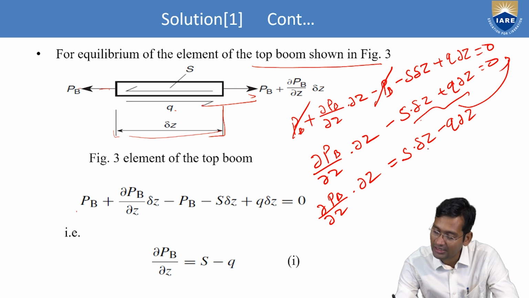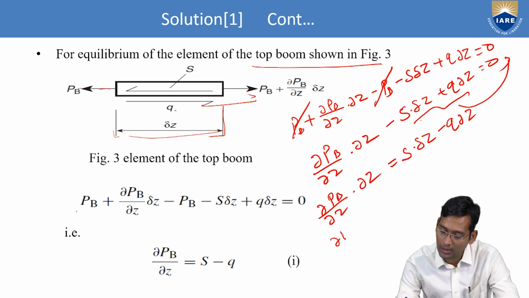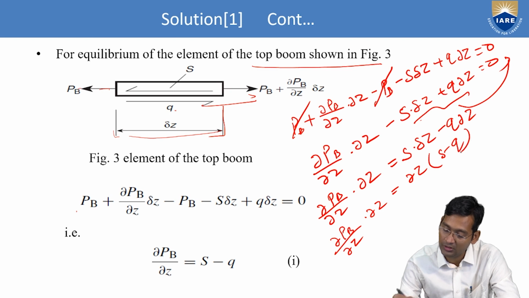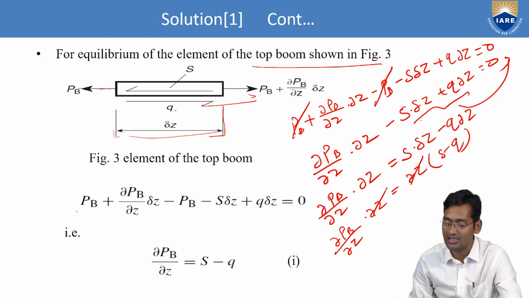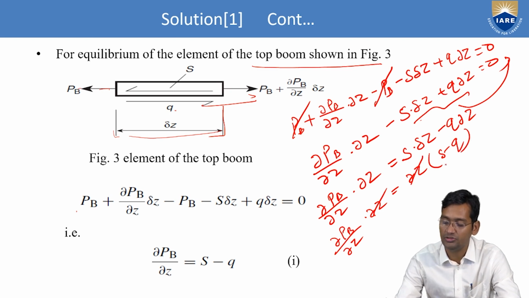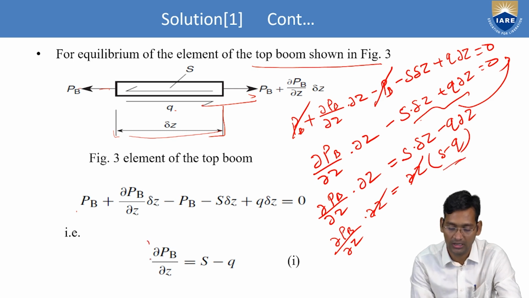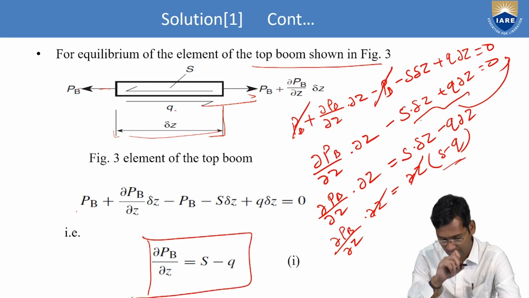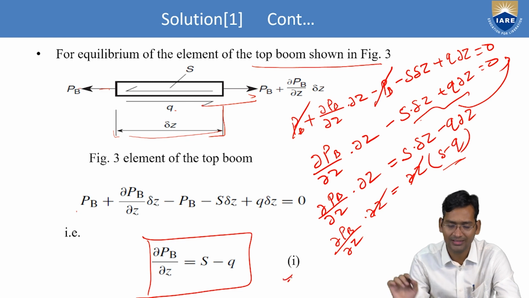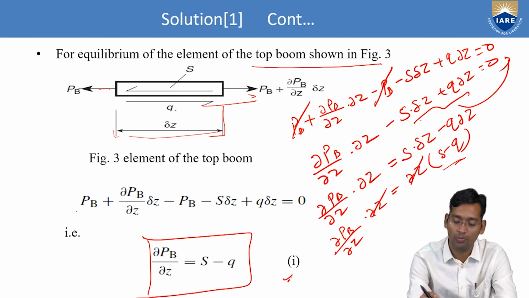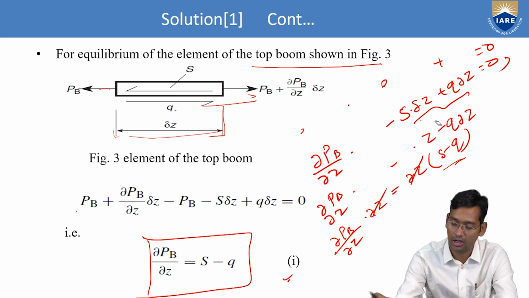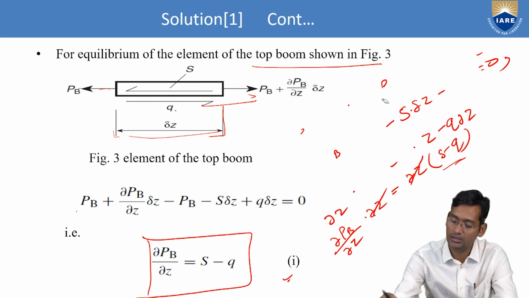Now here we can take delta Z common. So delta PB by delta Z into delta Z equals delta Z common, S minus Q. So this delta Z gets cancelled. So delta PB by delta Z equals S minus Q. That is equation first. So for the top boom, we found how much delta PB by delta Z will be.